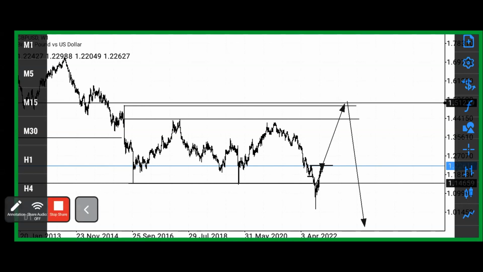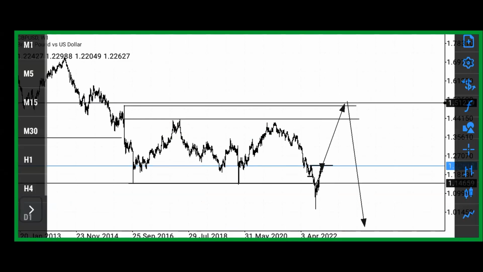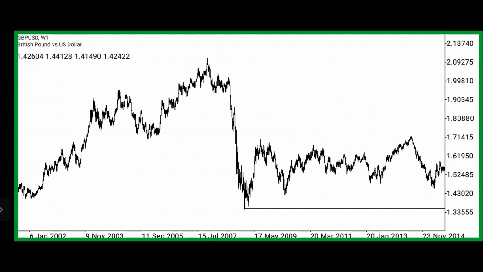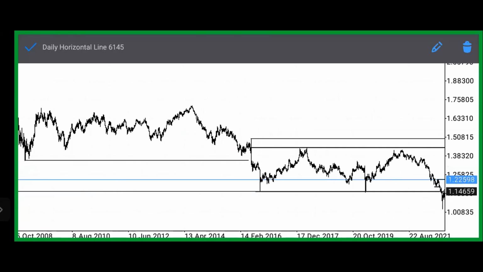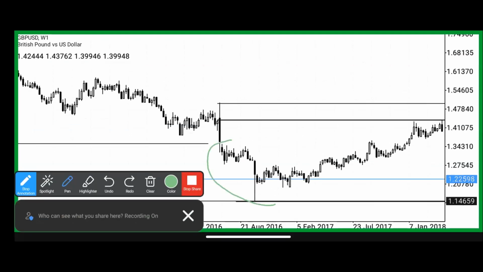So I just feel that maybe the price just respected these two zones and then started moving down. That's just my own view, because if you look at it, actually it's a downtrend. This is what I observed as a breaking structure. You can see how a lot of candles close below each other.